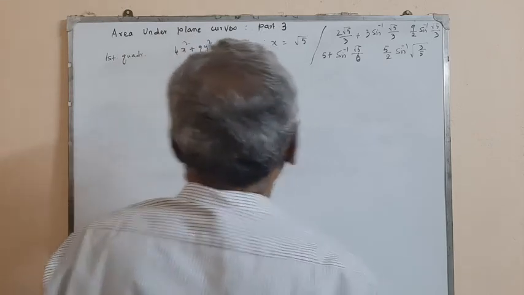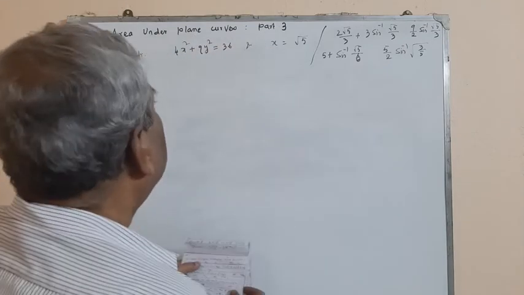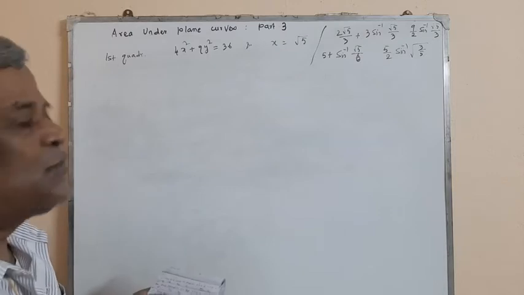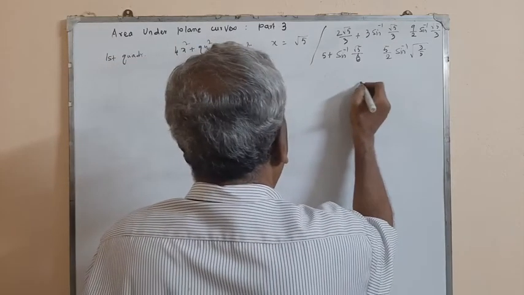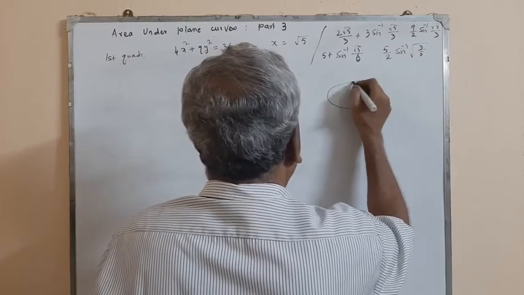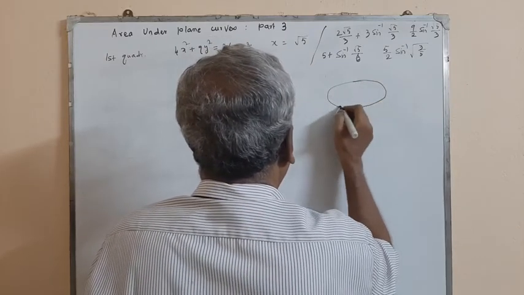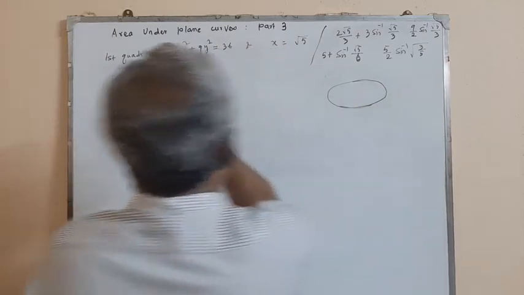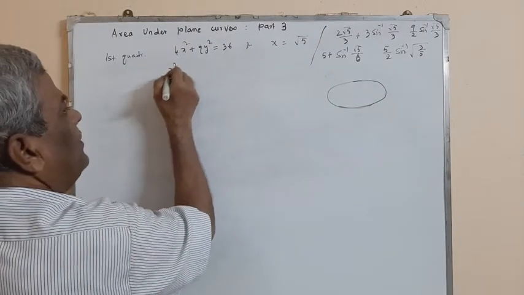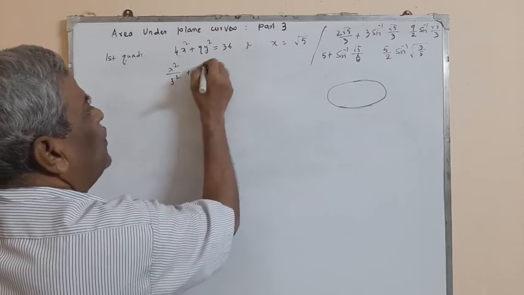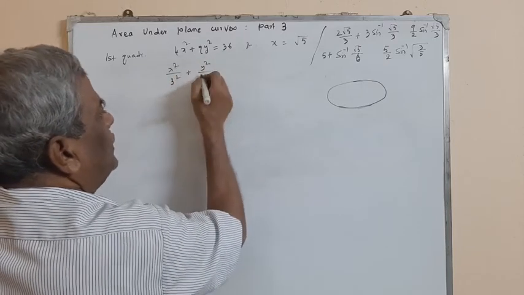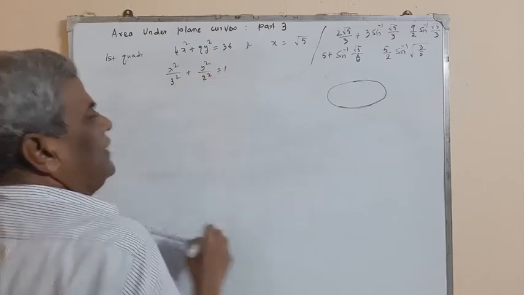Okay, so the curve is known to us. First, let us draw it. It is an ellipse. Actually, it is x square by 9, that is 3 square, plus y square by 4, that is 2 square, is equal to 1.